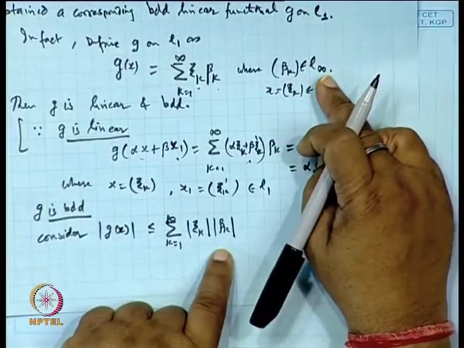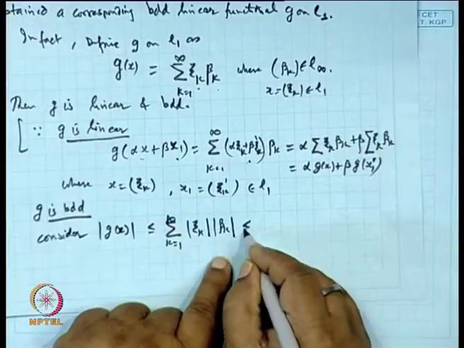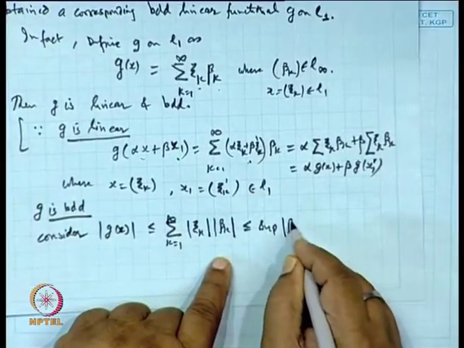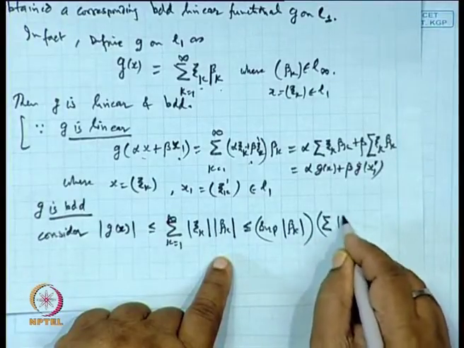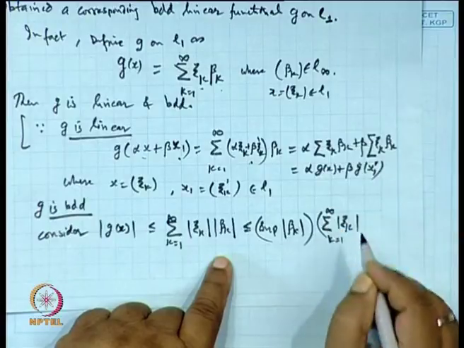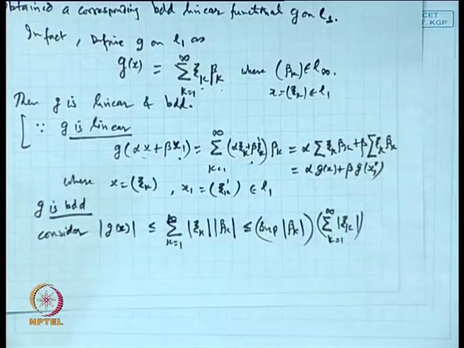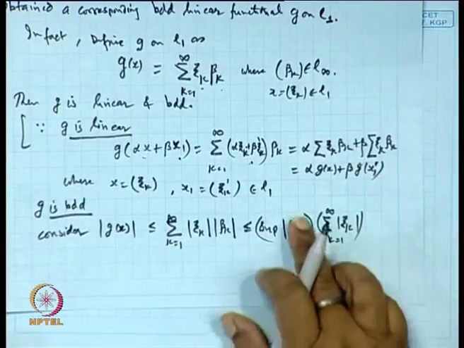Beta k is in L infinity, so the supremum of beta k is finite. So, it is further less than or equal to the supremum of mod beta k into sigma of this part, k is 1 to infinity. But this is nothing but the norm of x, and this is a constant.